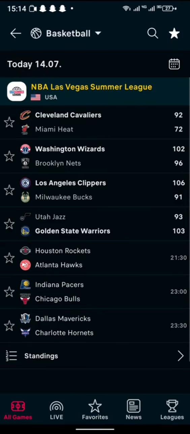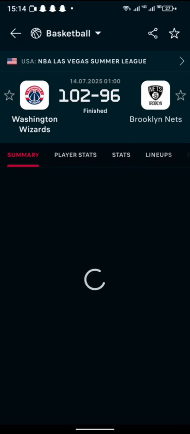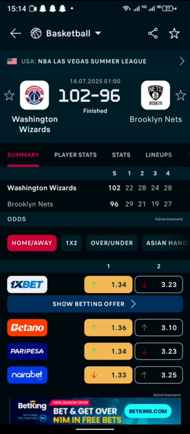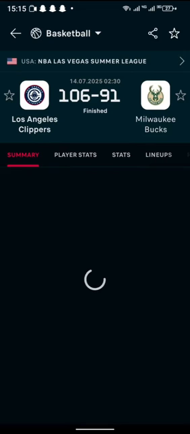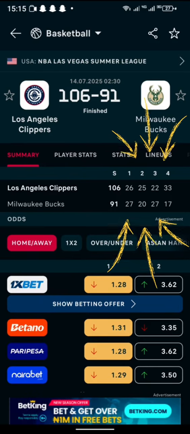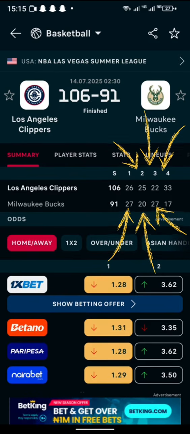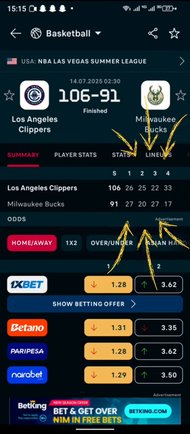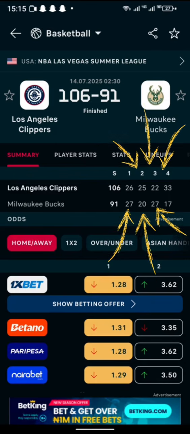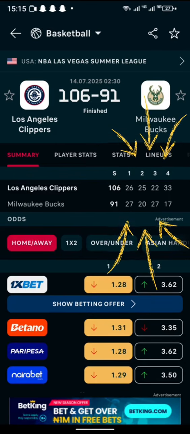Now let's check another game. If you see, the away team did not have the same number of points because 29, 21, 19, 27 are all different points. Now let's check another one. You see, the home team did not have the same number of points, but the away team had the same number of points, which is 27, 27.